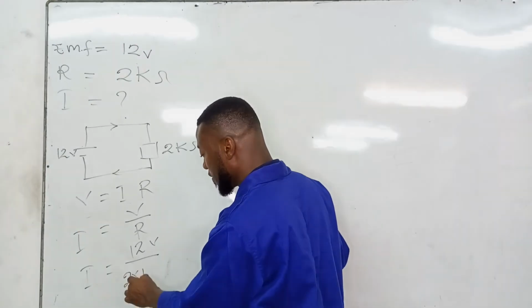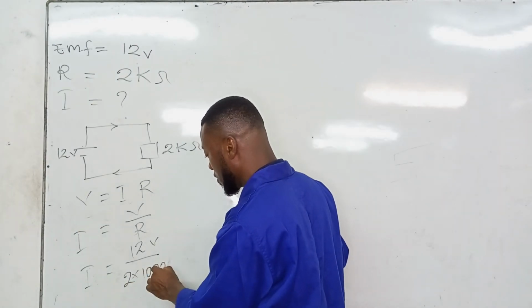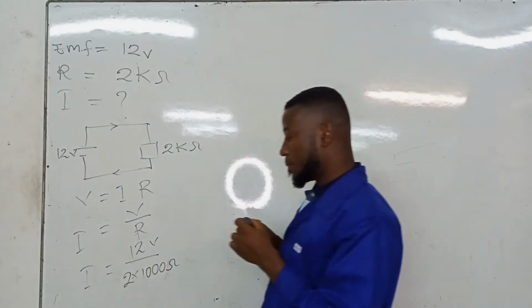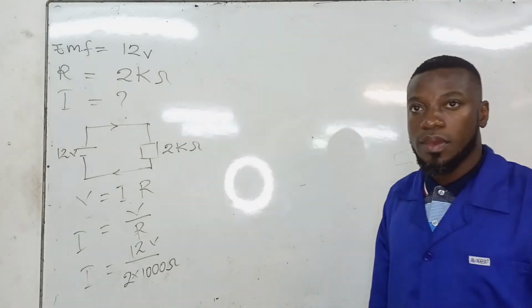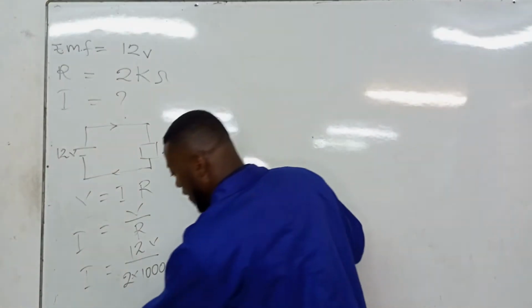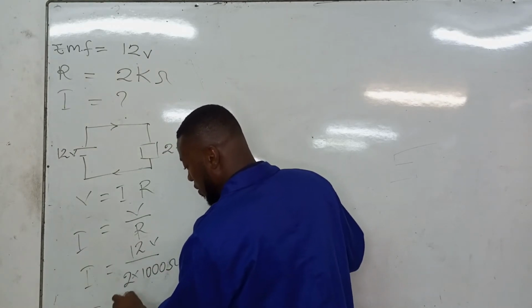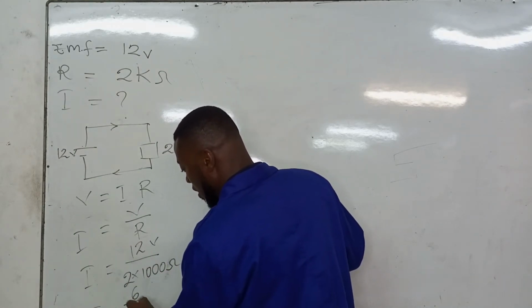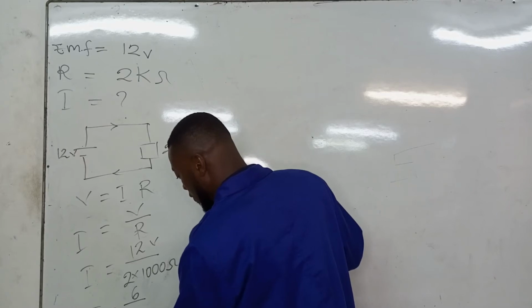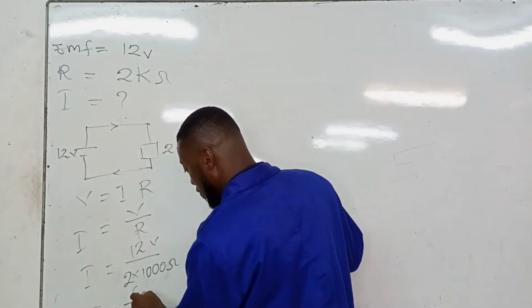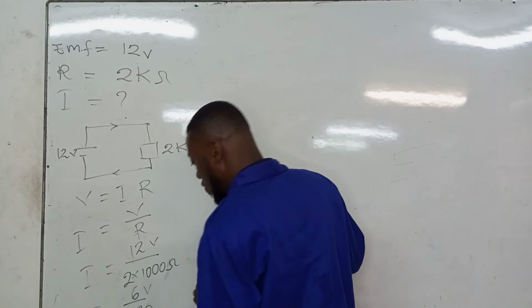So 2 times 1,000 ohm. By calculation, I can say current is equal to 6 on 1,000.